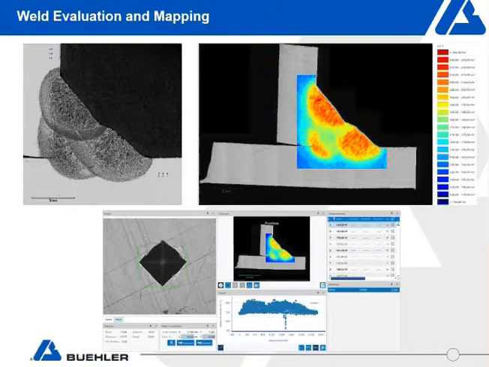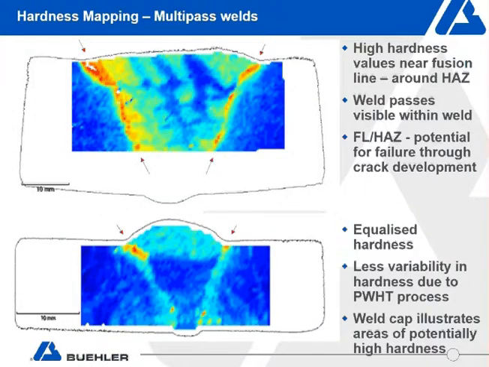Another illustration here, I'm showing you large butt welded components. The top images, of course, still indicate different weld passes, as you can see, the different colors. And when I mentioned the heat-affected zone being a little bit softer, you can see in this case indicating the different weld passes.